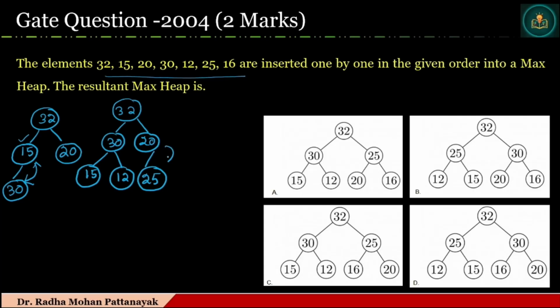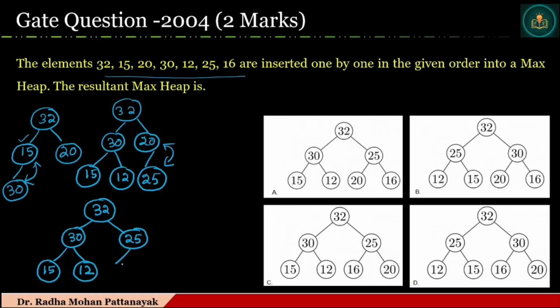So here we need to interchange the value of the parent node and child node. If you interchange, you will get here 32, then the left part is 30, then the right part is 25, because we shift 25 to the top, to the parent. Now 30's left is 15, and 30's right is 12. Clear? Since 25 and 20 shifted, 20 will become the left of 25, right?